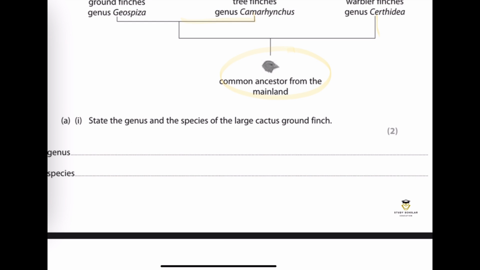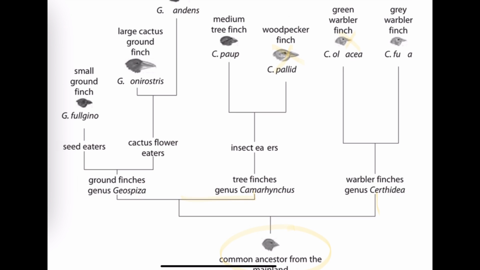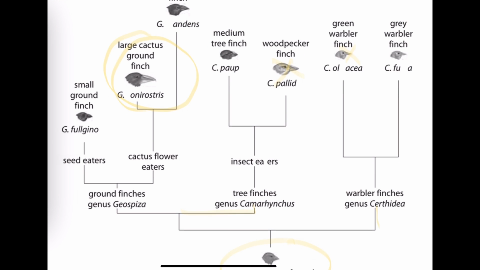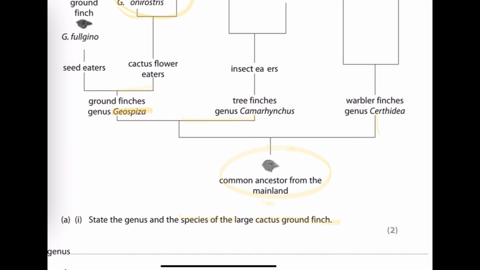So state the genus of this and the species of the large cactus finch. So if you see over here, we can see that the genus is over here. This is whatever is the second thing after the common name.